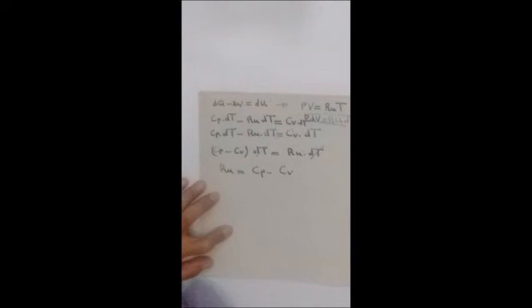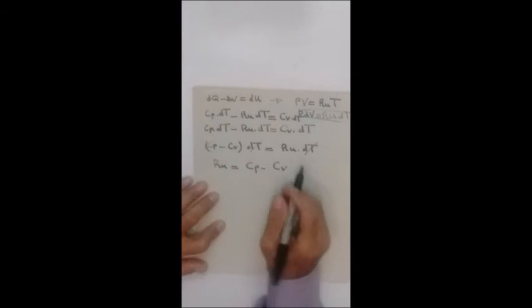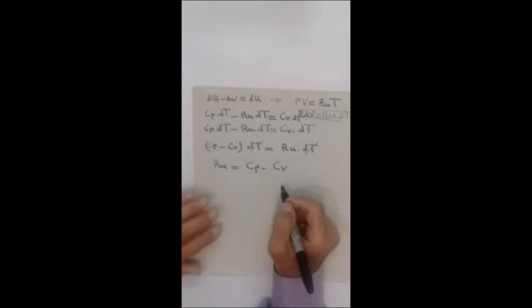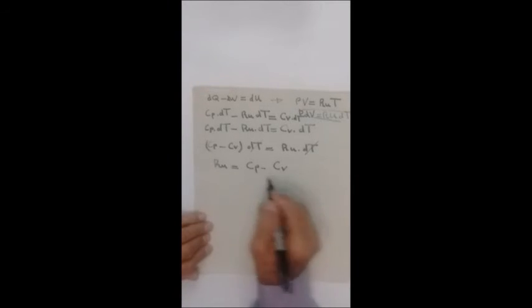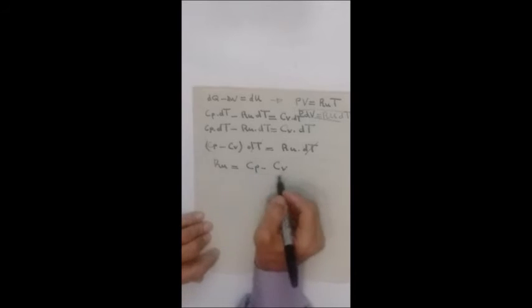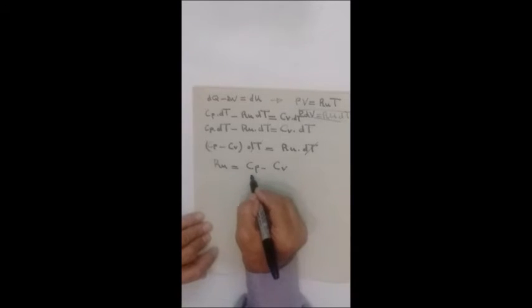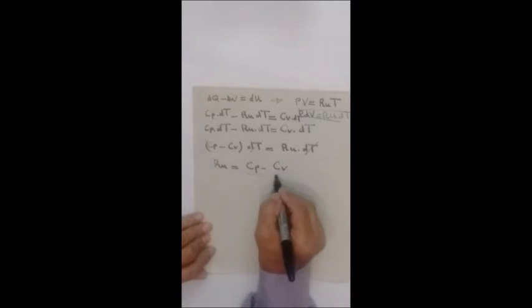That is, the universal gas constant is equal to the difference of the specific heat at constant pressure minus the specific heat at constant volume.